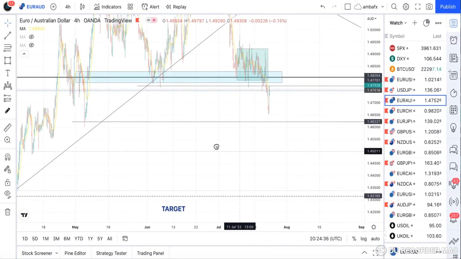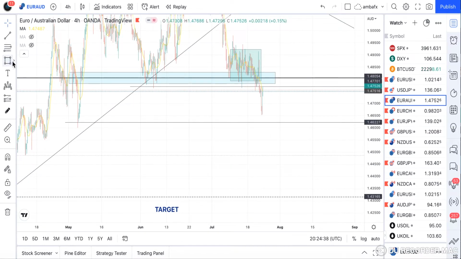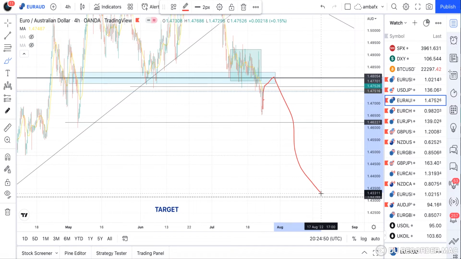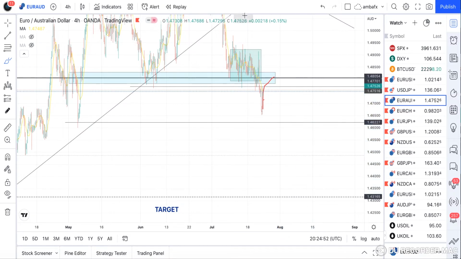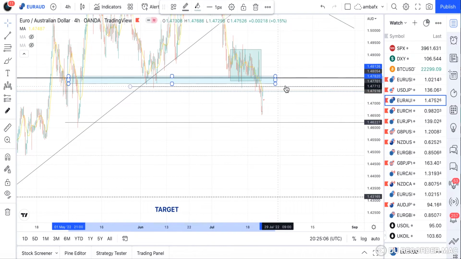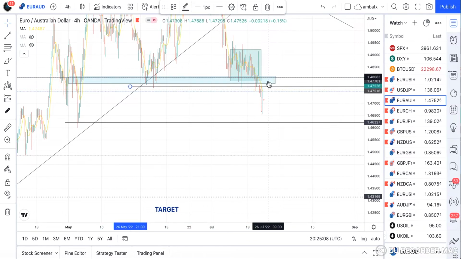So any movement to this side is an opportunity for us to look for a bearish setup to that particular area. So for now we are bearish on Euro AUD. You just have to find your entry around here. All our bias still remains bearish till further notice.